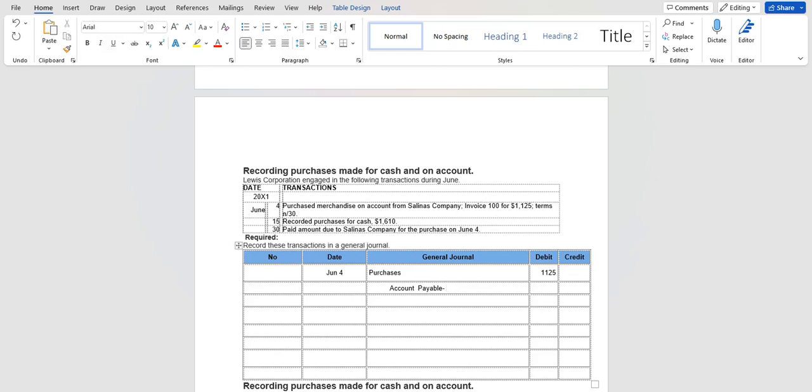So there are 30 days in June, and then we would be making a payment in July. Okay, so we do want to give this accounts payable a name. We spoke earlier about the subsidiary ledger. Okay, and this particular vendor is Saling's Company.